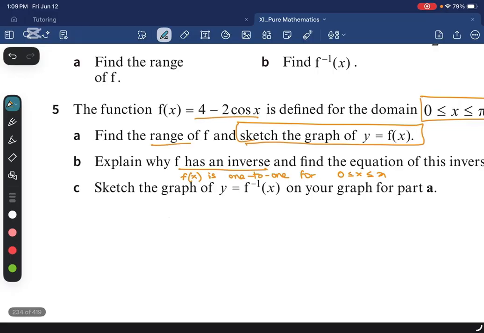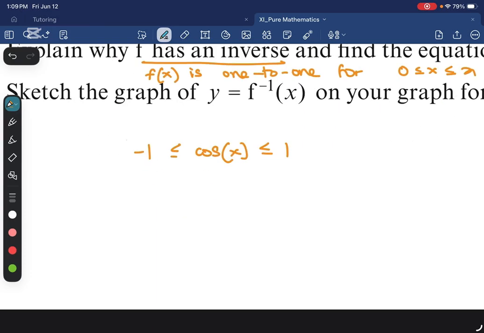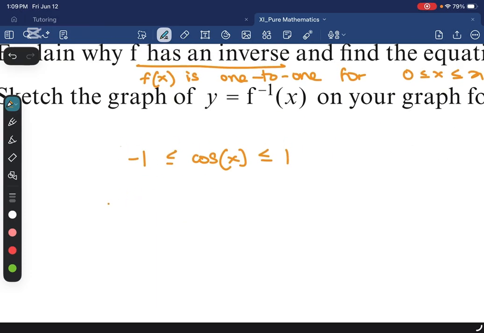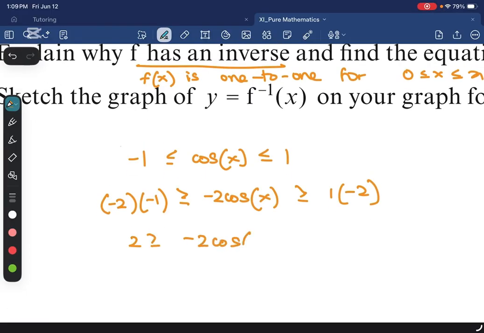And let's find the range first. So cosine of x is always going to be between -1 and 1. And I need to multiply by -2, right? Because I have -2 cosine of x. So if I multiply by -2, I need to flip the direction of my inequality. 1 times -2, so I get 2 is bigger than -2.